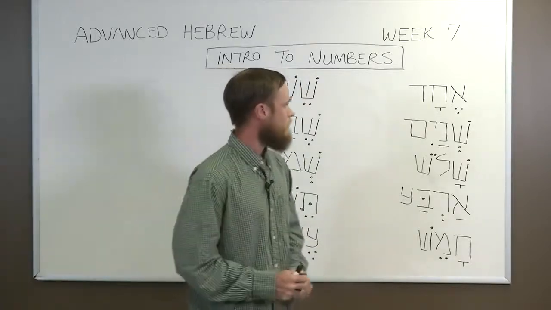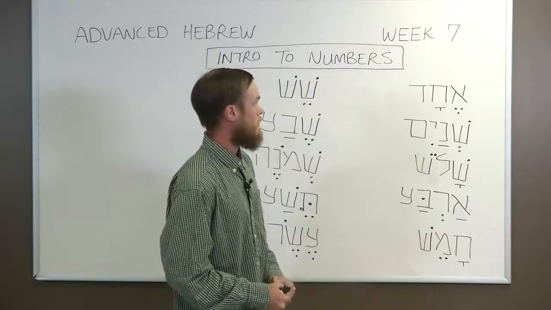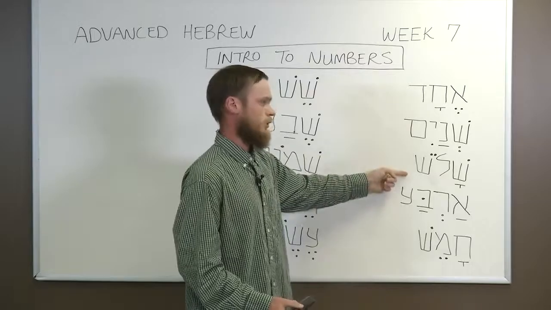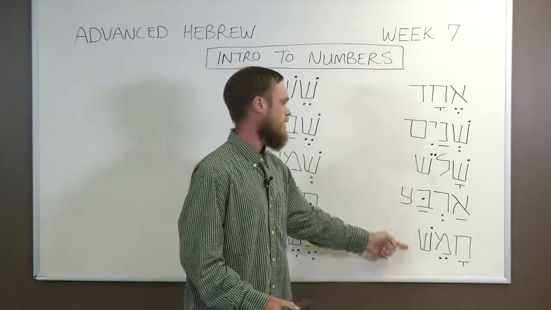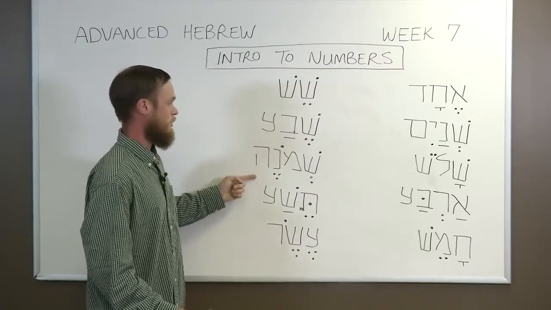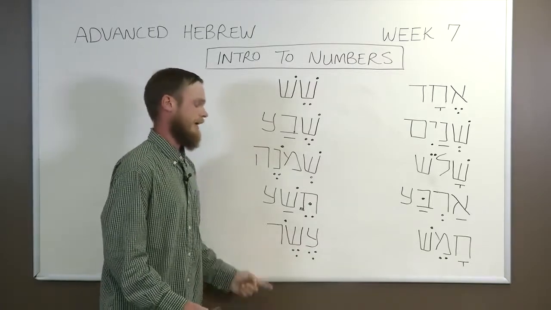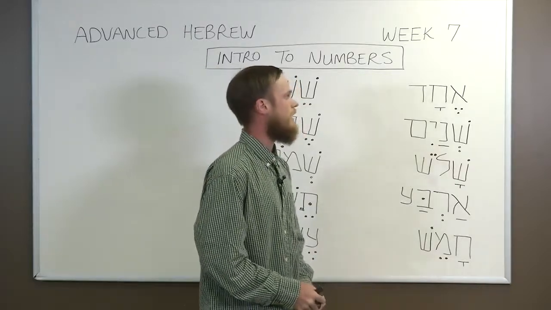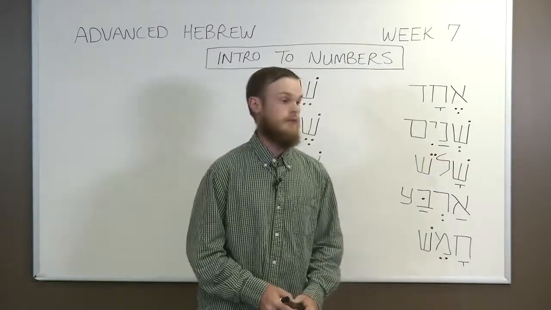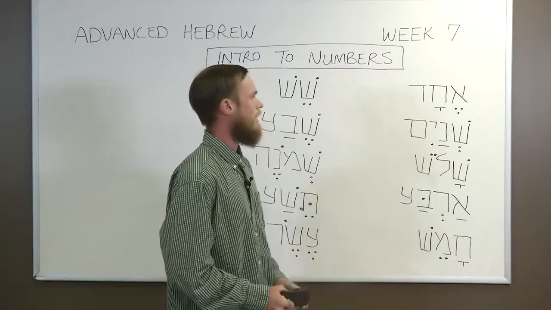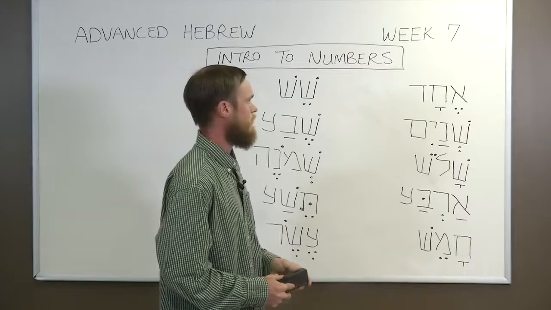In the masculine, counting from 1 to 10, we have echad, shenayim, shalosh, arba, chamesh, shesh, sheva, shemona, tesha, and eser. That is counting in the masculine, and there are also equivalents in feminine.